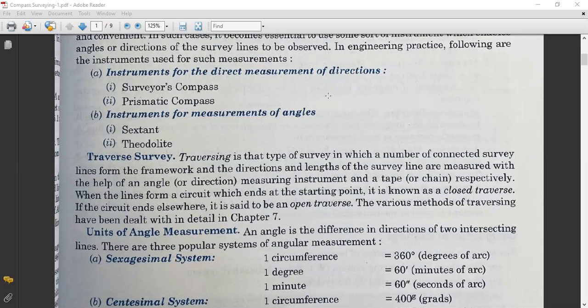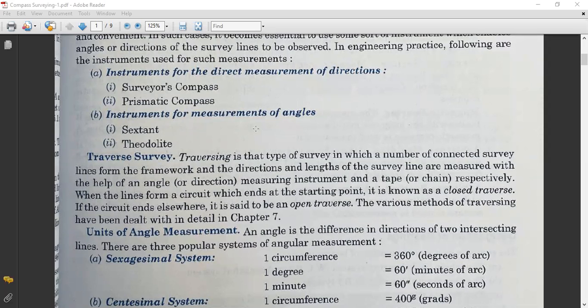If it does not end at the starting point, it is called open traverse, correct? That is about traverse surveying. For traverse surveying we will be using the angle measuring instrument. It may be surveyor's compass, prismatic compass or theodolite.